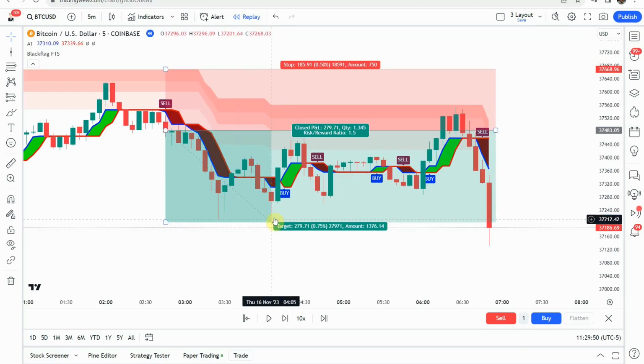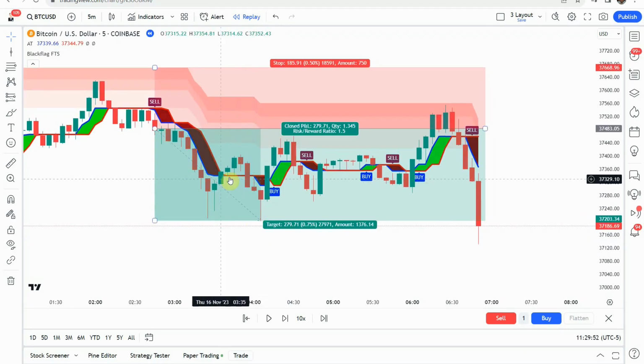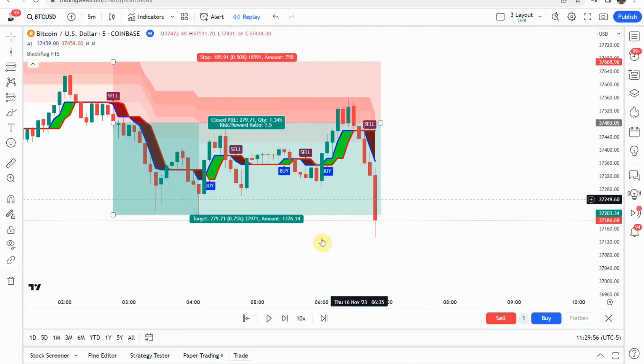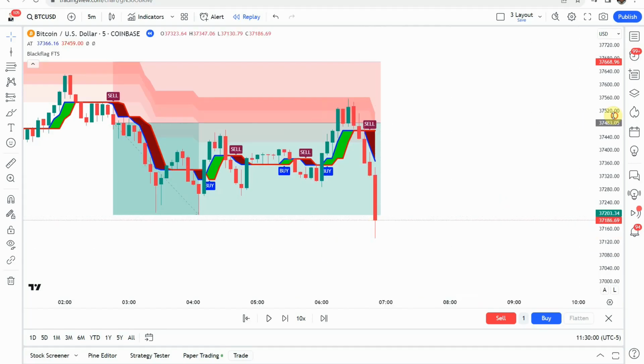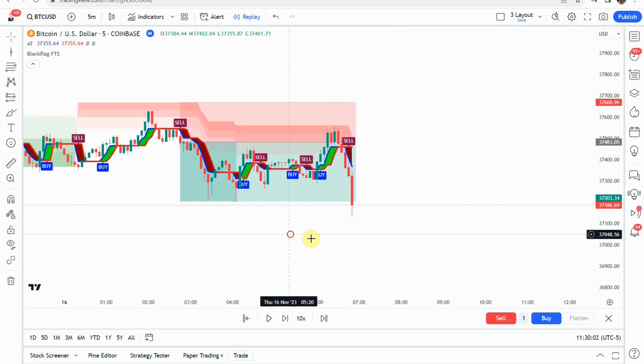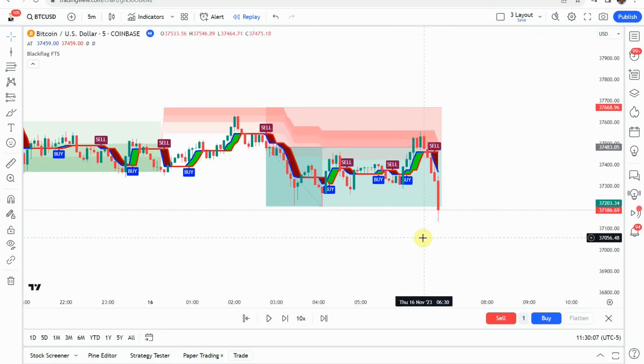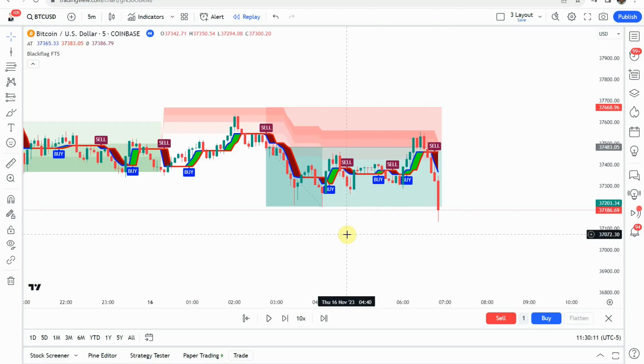So it's very likely that would have happened right there before price started to rebound, just kind of bounce around for a while before it finally makes this really nice push to the downside here, which definitely would have triggered the take profit order there. And so again, you can see a really nice push to the downside, and once again got us to our take profit. Alright, so that puts us at the end of the testing right there.